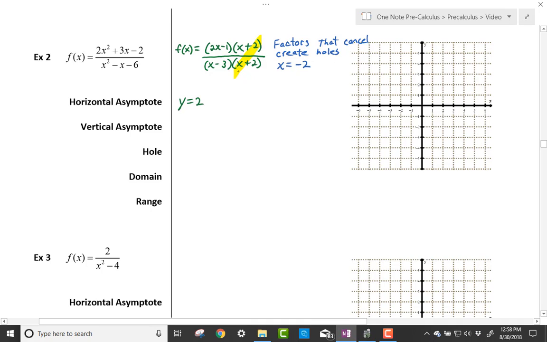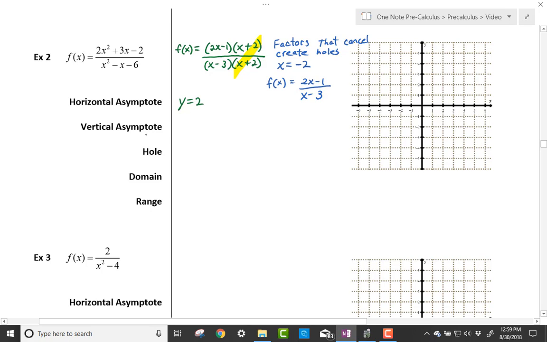I'm going to remove those x plus 2's out of my equation and rewrite it as f of x equals 2x minus 1 over x minus 3. Because once I know where the x value of the hole is, I never need to look at those factors again. I'm going to use this new simplified equation for everything else that I do.